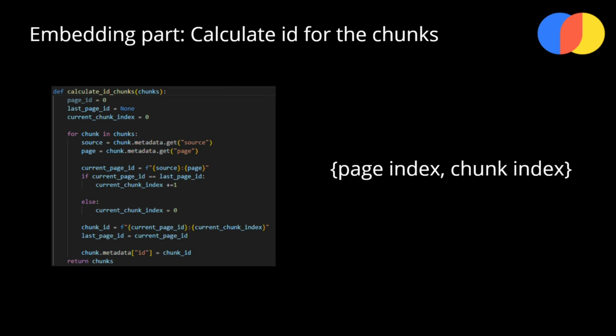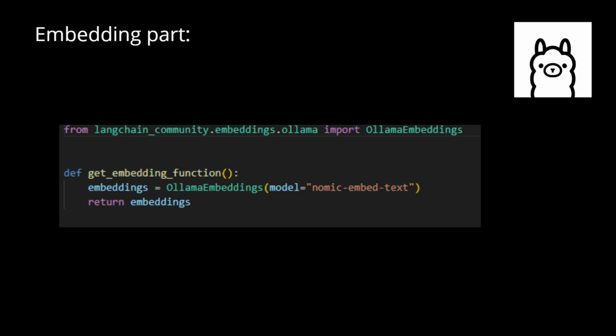So after that, we need to calculate IDs for the chunks. Basically, this function creates IDs for each chunk, which is the page index and the chunk index.